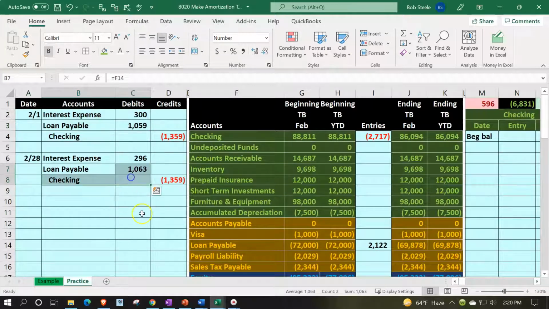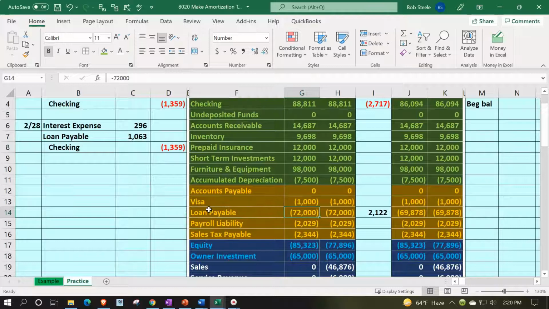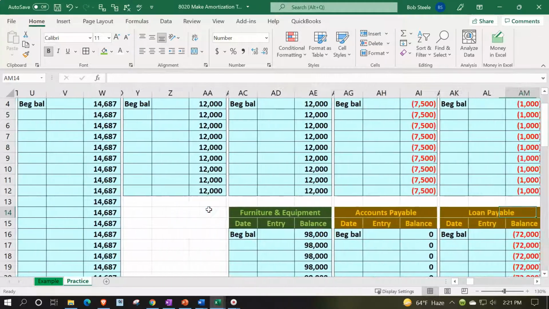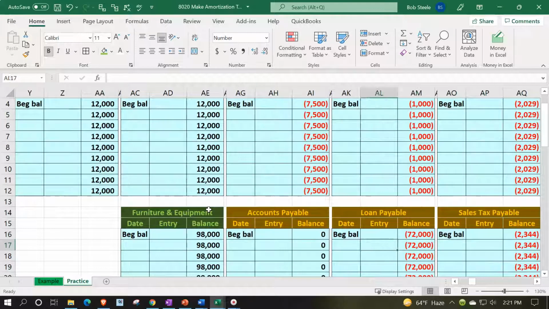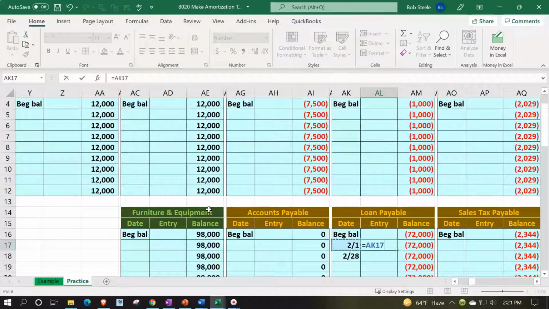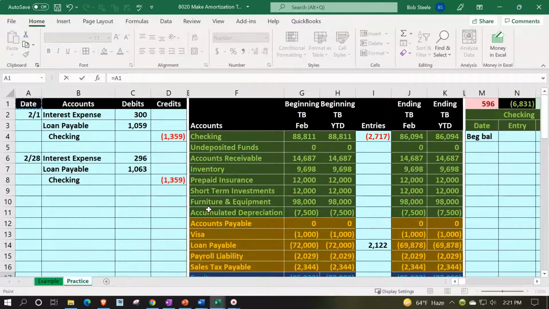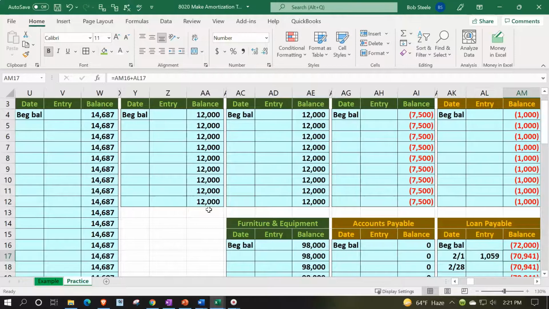and the loan payable. So that's going to be our third liability account. Assets and then liabilities, loan payable. We're down here. We got one on 2/1. We got one on 2/28. So we're in cell AL17 equals left to the wall. Scrolling up, we're picking up the loan payable of the 1059, bringing us to that balance, the 70,941.